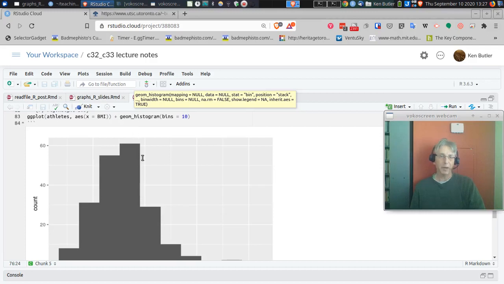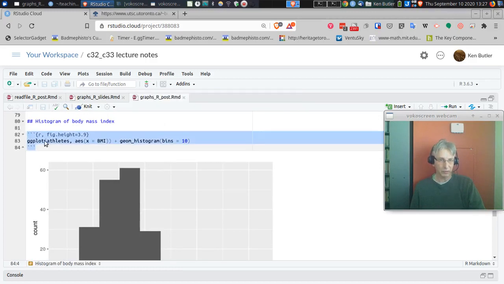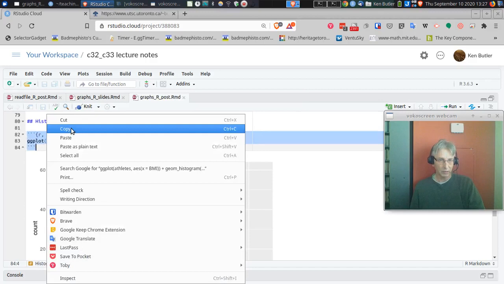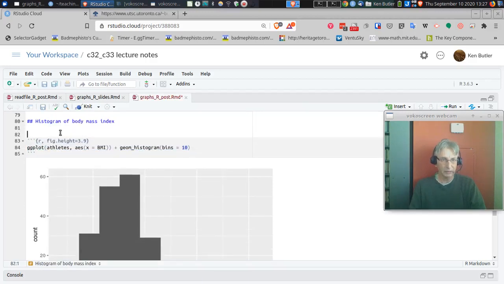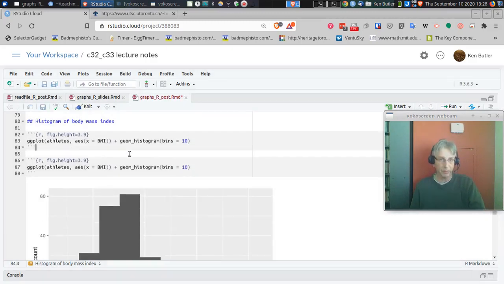Now, I have to talk about the bins. And the easiest way to think about that is to make a copy of this. Copy that. And we'll paste this up here. So let's take the bins out.